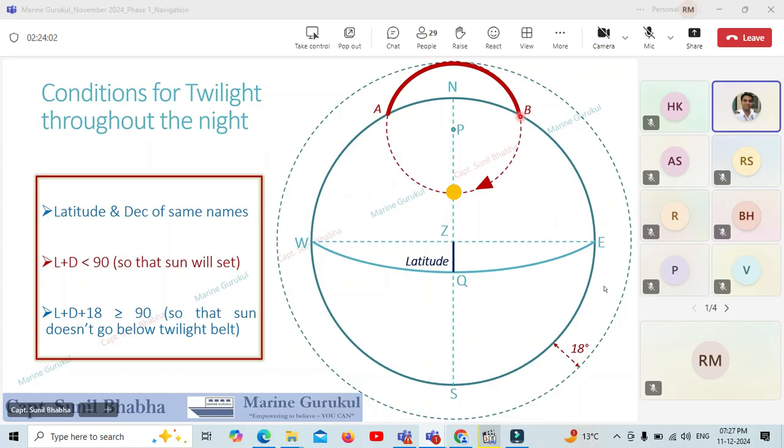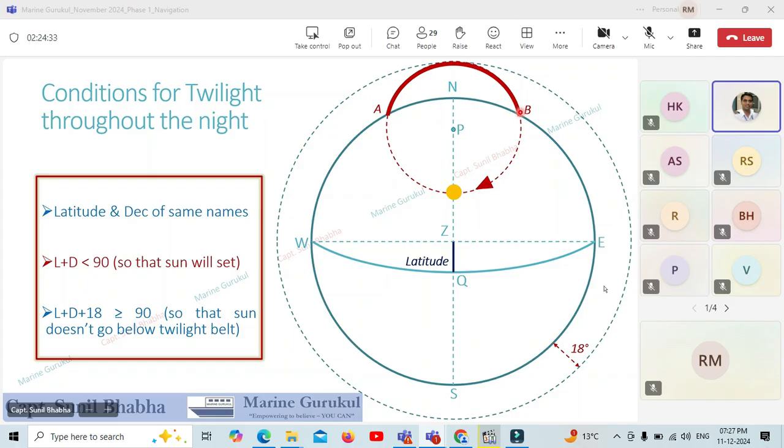If you observe carefully, throughout this interval, from the sunset at point Alpha up to the next day sunrise at point Bravo, the sun has remained within the 18 degrees belt. It has not gone below the 18 degrees belt at any time. So this tells us that throughout the night, from point Alpha to point Bravo, the twilight continues.